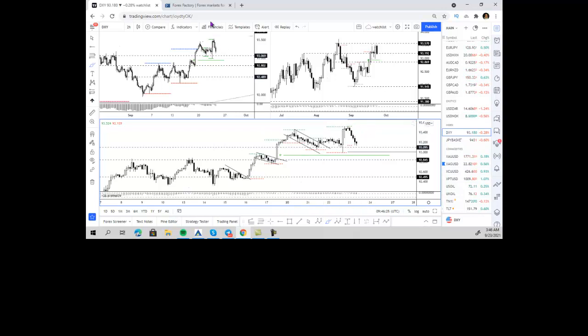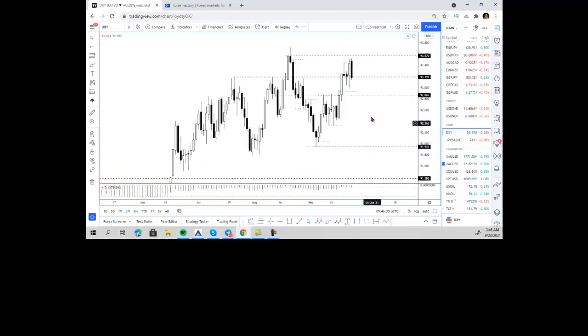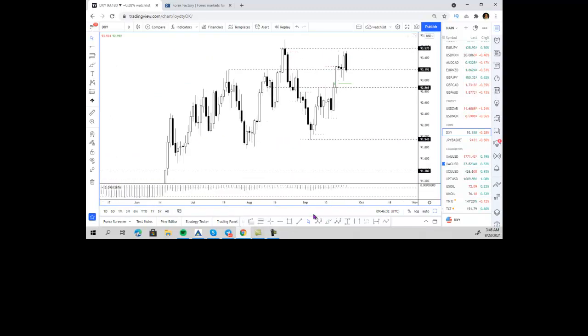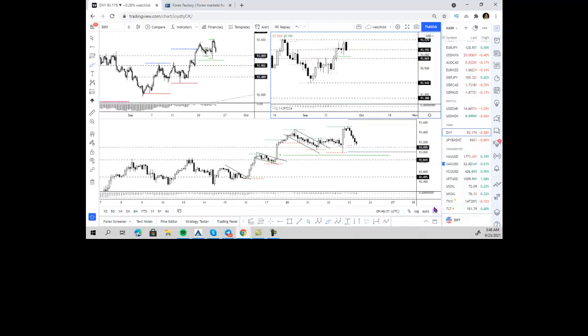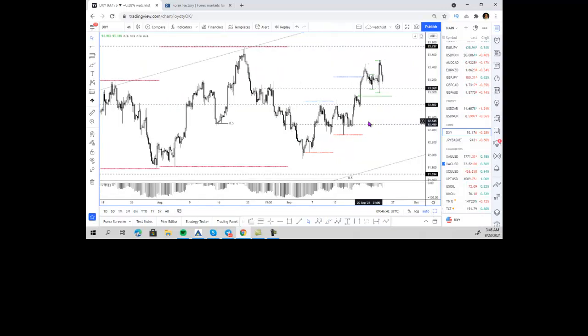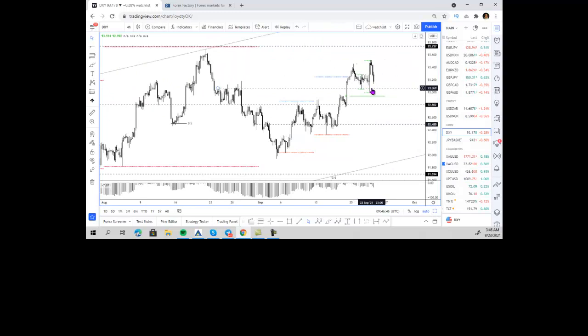Now, if we look at a daily chart, this daily candle looks extremely bearish. But looking at the lower time frames, let's start with the 4-hour chart. We still have that very strong level of support, those highs, the August 24 to August 27 highs, acting as support and capping the downside on the DXY.